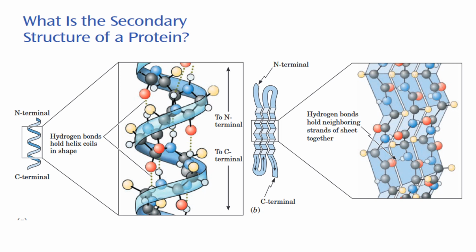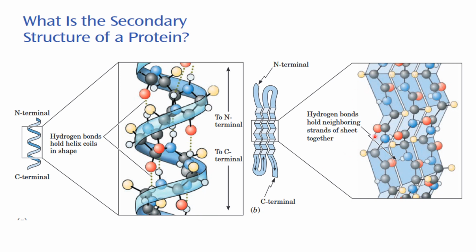The secondary structure of protein refers to the repetitive conformation of the protein backbone. Shown here are structures such as the alpha helix and the beta sheet. So yung repetition nito, yung paulit-ulit na pag-circle sa alpha helix.